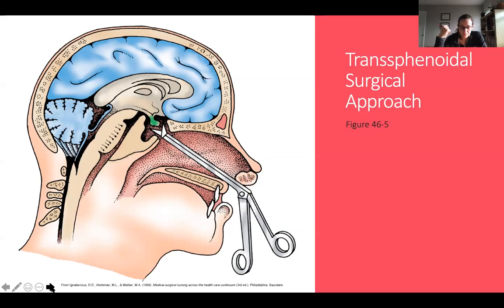So after they do that, it's not really a dressing, but what they do is they get some adipose tissue from the person's abdomen and they put it in there to kind of stop the bleeding and hold it in place and prevent leakage of CSF. So remember that that's unique to this surgery is they use a piece of adipose tissue to close up the site where they went in.